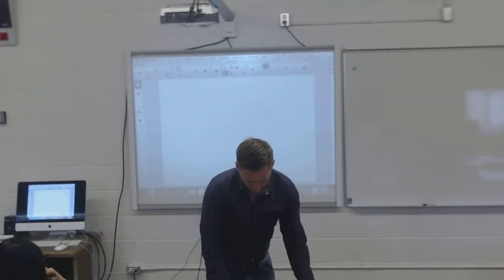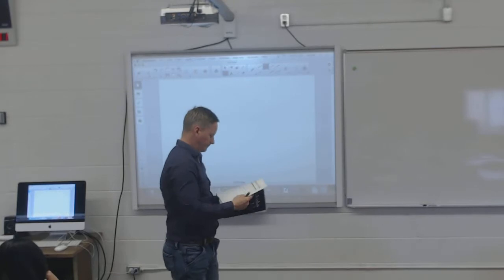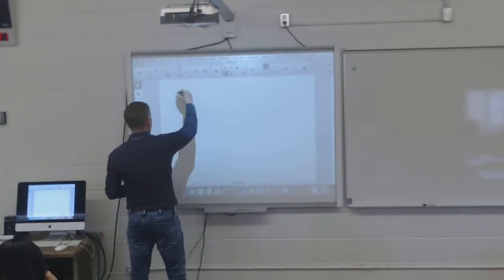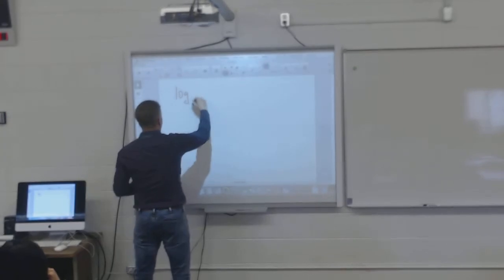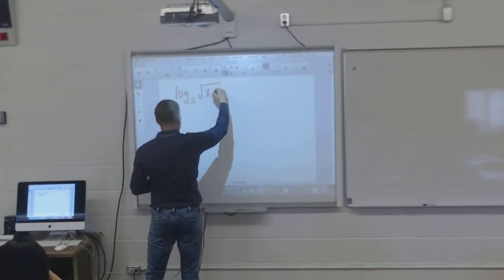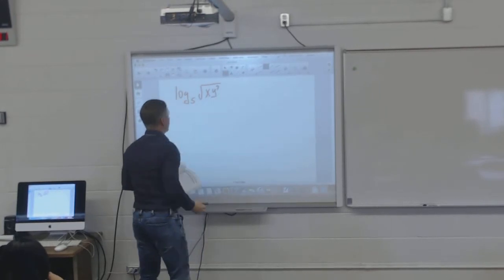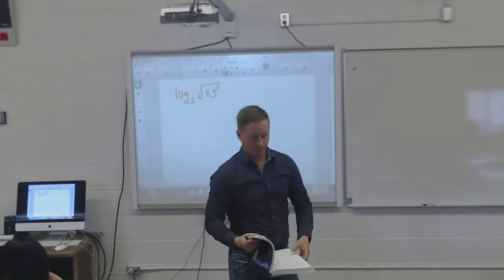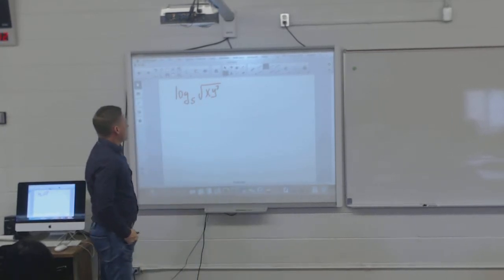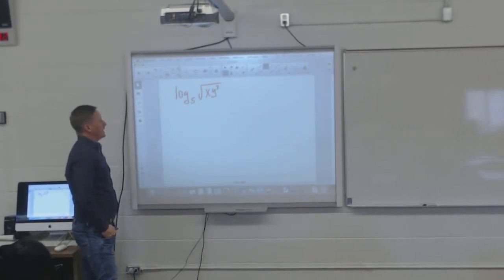So I have a log of, I'll do this one here. I like this one. Log base 5 of the square root of x y to the third. So far so good? All right.